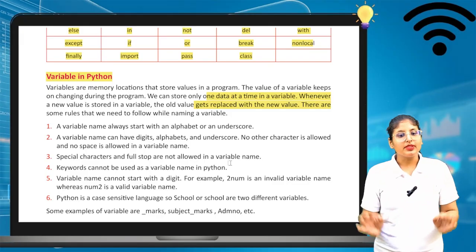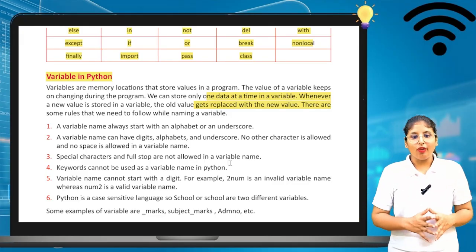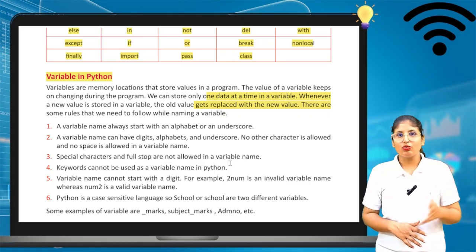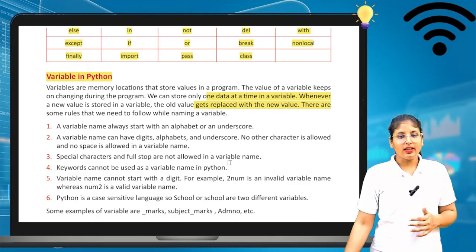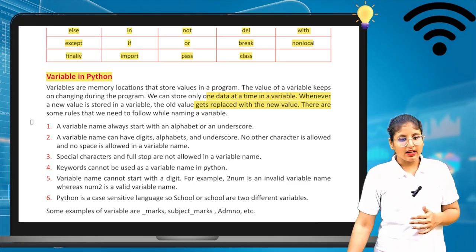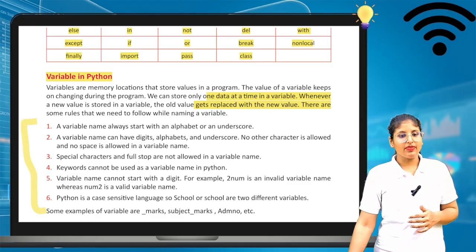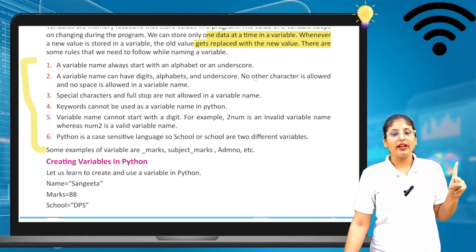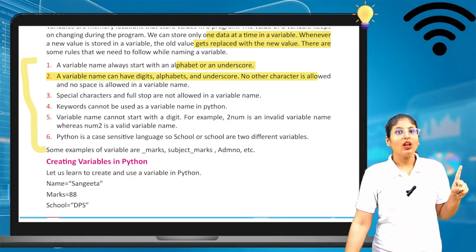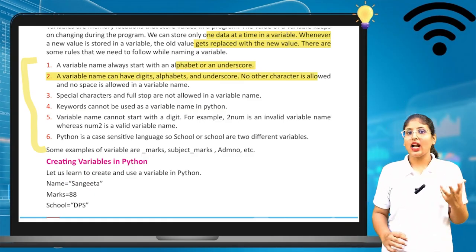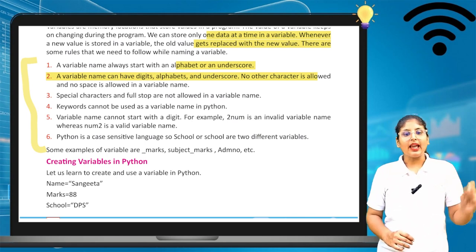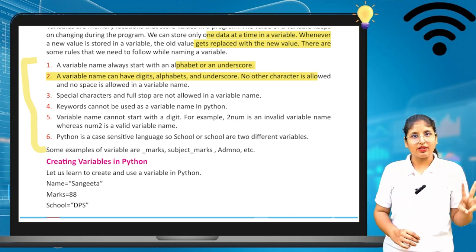There are some rules that we need to follow while naming our variables. Rule 1, variable names always start with an alphabet or underscore. Second, a variable name can contain digits, alphabets and underscore.